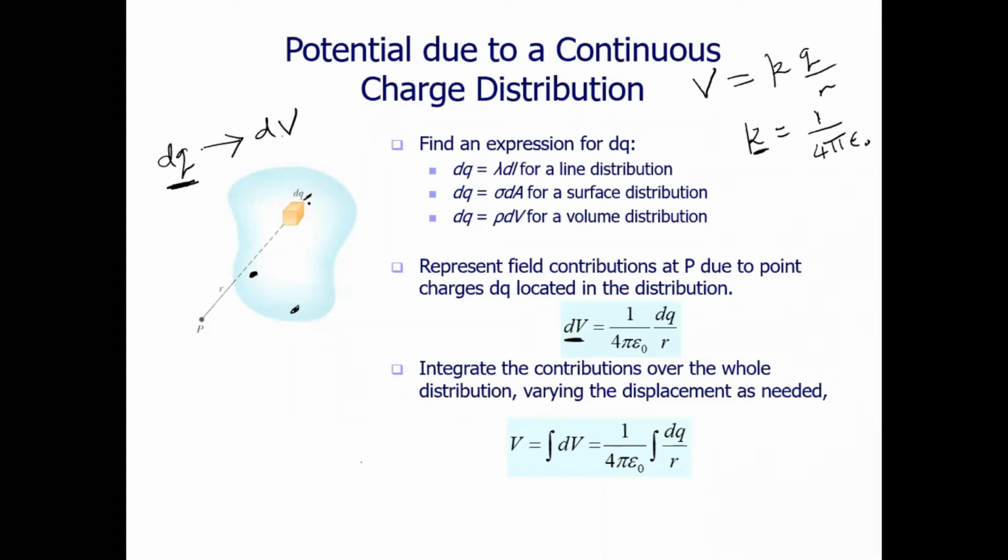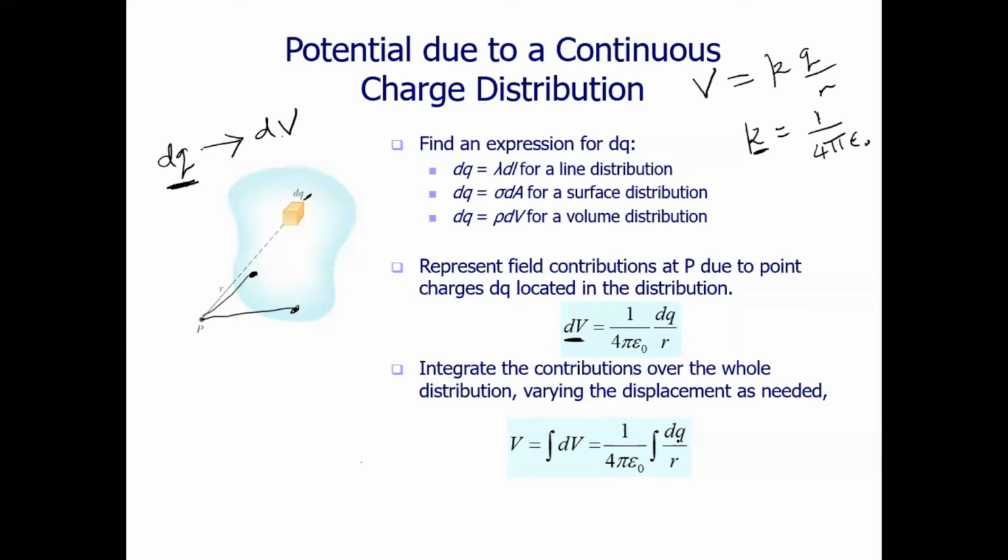So the r from here to here could change, from here to here it could change. So r is a variable, as well as dq. When you integrate the right-hand side, 1/4 pi epsilon naught is a constant, so you can factor it out of the integral, and what you remain with is that.